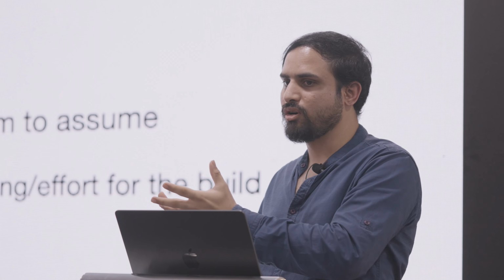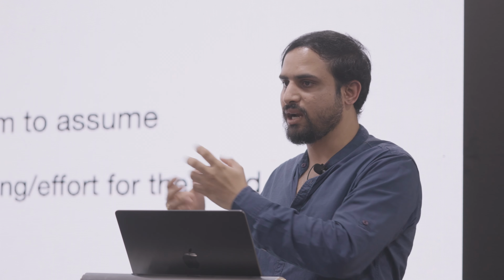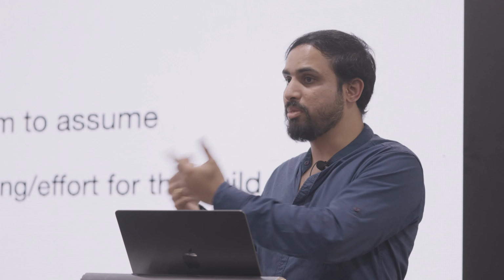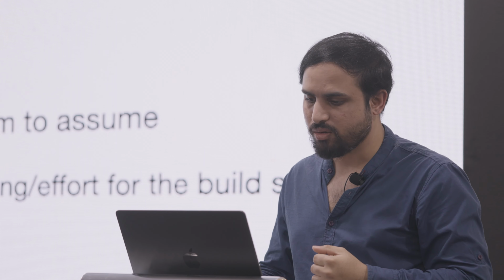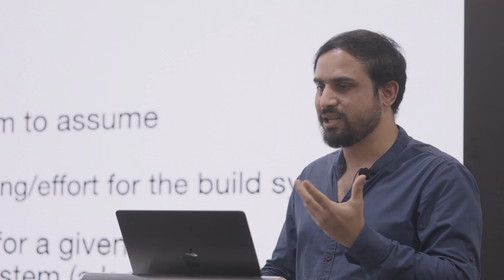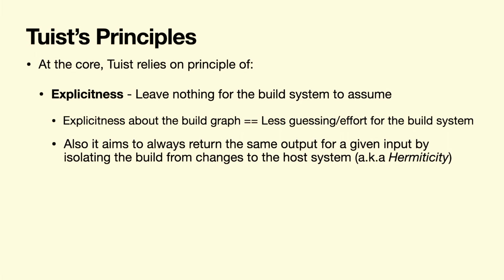So a lot of things get stored there, and some of them are transient artifacts, which should not be there when you're switching between projects. So a lot of this happens for those reasons. And explicitness in creating the project graph basically means that for every given input, it tries to produce the same output, right, which is hermeticity.